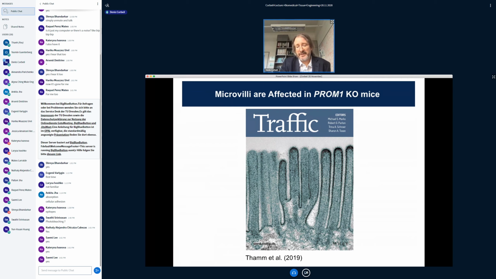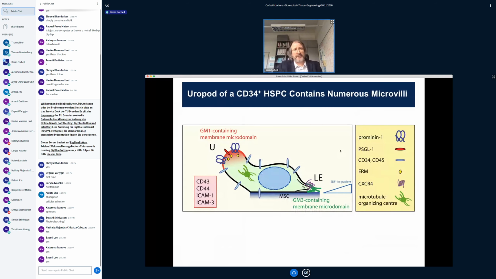And this is quite interesting, not only for microvilli, but if you go to other cell types. Remember, I was showing that in hematopoietic cells, prominin is highly enriched in the uropod. What does it mean if it's enriched there? What will you find there? Any idea?